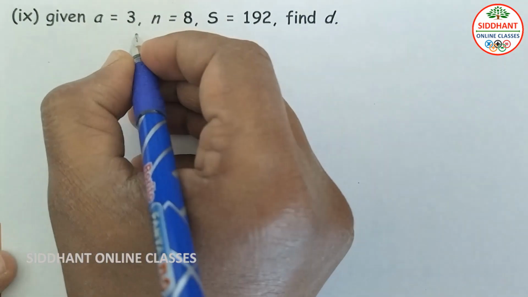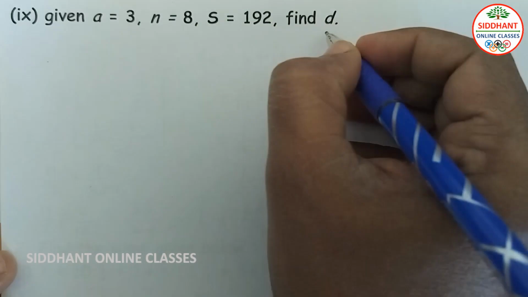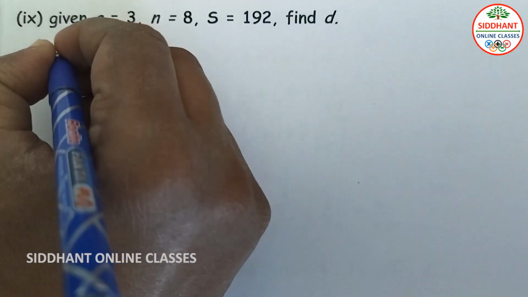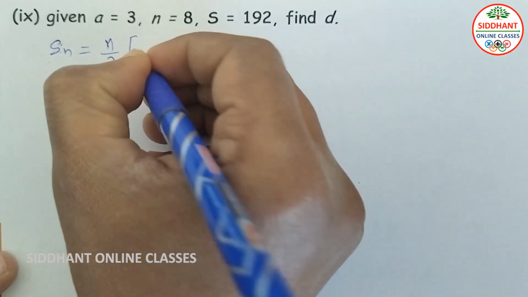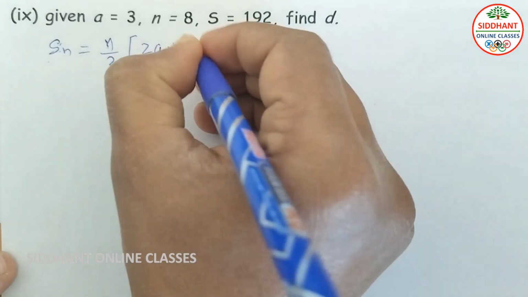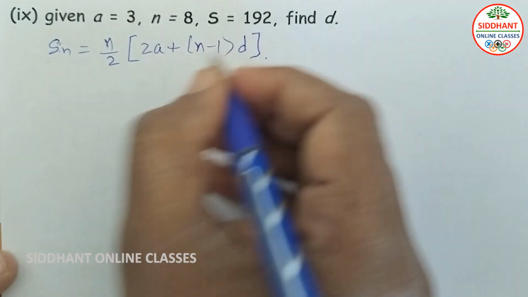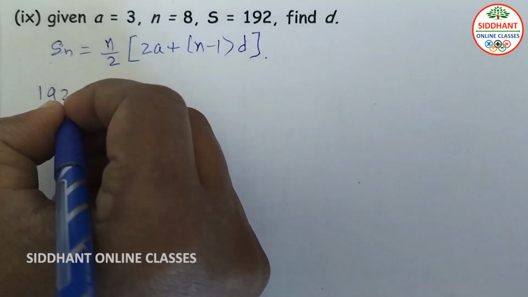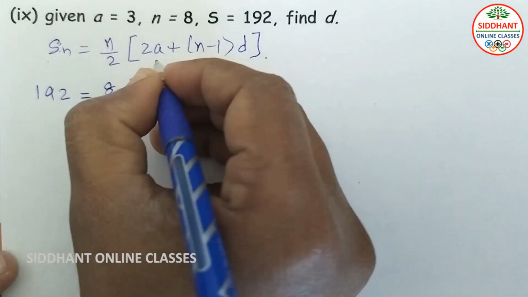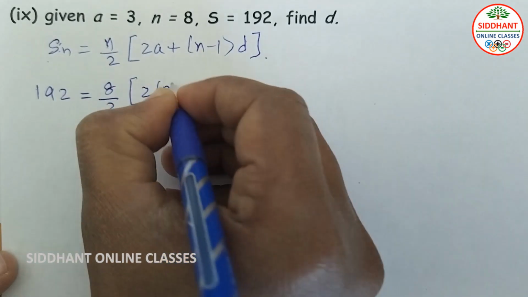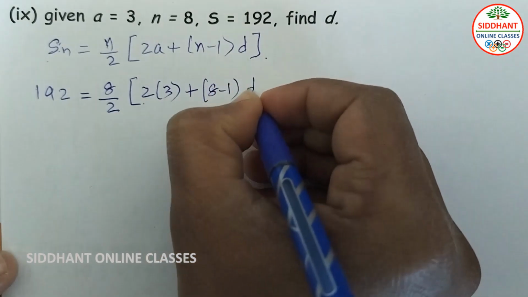Ninth one, given a equal to 3, n equal to 8, Sn equal to 192, and find d value. So we know Sn equal to n by 2 into (2a plus (n minus 1)d). Sn is given, which is 192. So 192 equal to n is given, which is 8 by 2, into 2a, a is given, which is 3, plus n is given, which is 8 minus 1, and d we are going to find out.